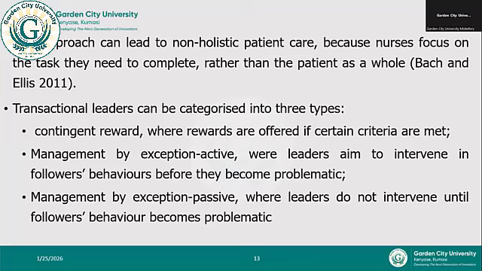Then we have two types of management by exception: management by exception active, and management by exception passive. Management by exception active simply means that you are a leader who has a subordinate and you know the shortcomings of that subordinate, so you already take actions to prevent that shortcoming from becoming a problem.